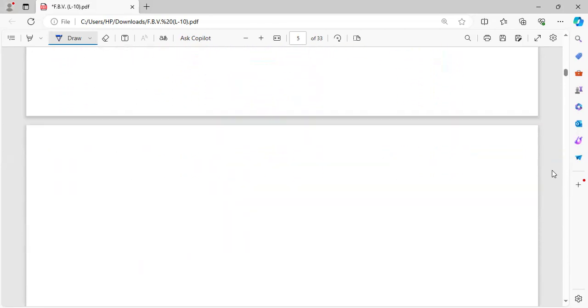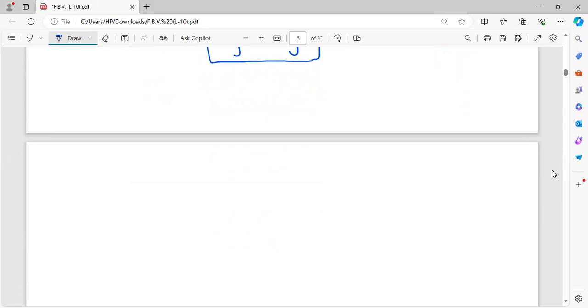Okay. So the fourth property we are going to see. Fourth property. V_f, it means the variation function, V_f is a monotonically increasing function.